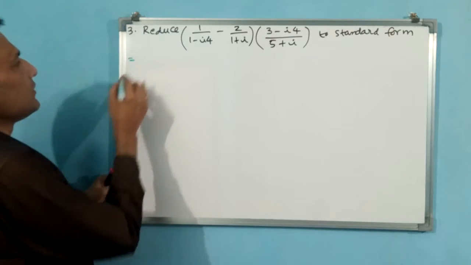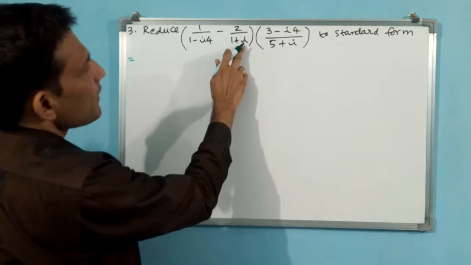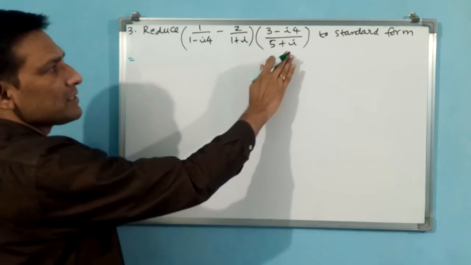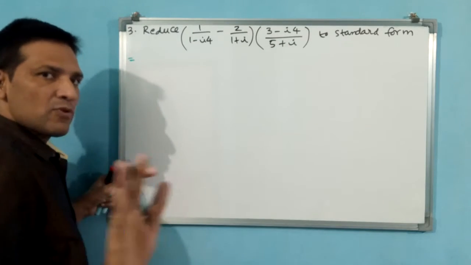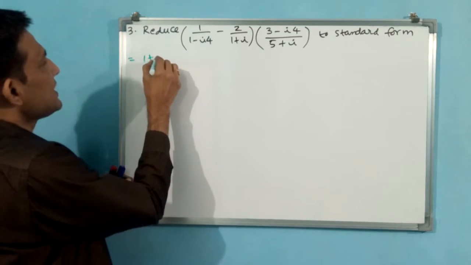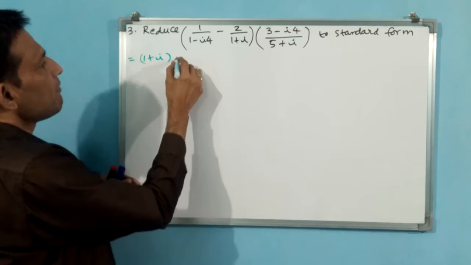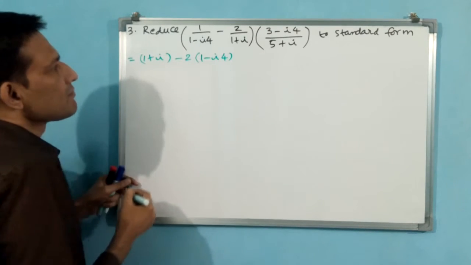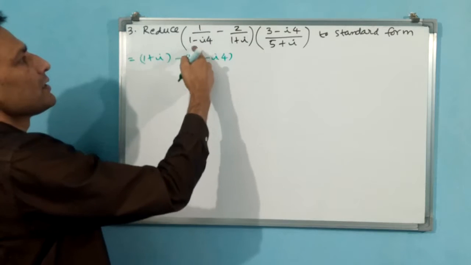Okay, you see how I am doing cross multiplication. Until finalization of these numbers, this number you go on writing, but don't touch it. 1 into 1 plus i, 1 plus i, minus 2 into 1 minus i4. Is it okay?